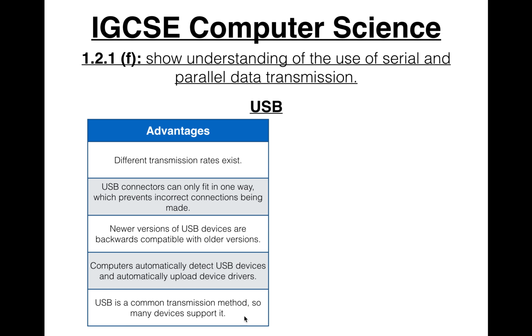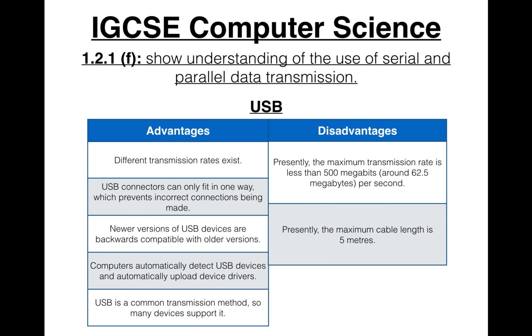Disadvantages include the maximum transmission rate being less than 500 megabits per second, which is around 62.5 megabytes per second. And presently, the maximum cable length is 5 meters. Note that this video was made around Jan 2016, so if you're watching this in the future, this might have changed, so keep that in mind.